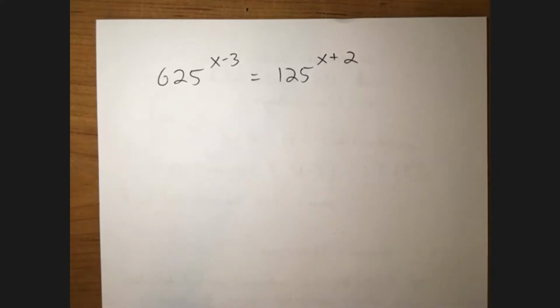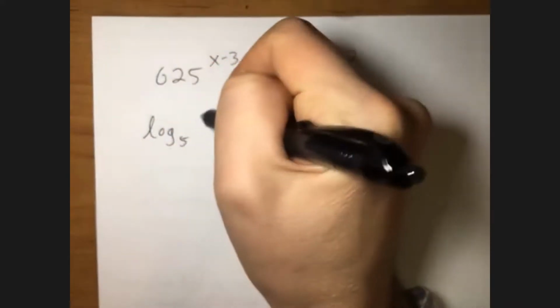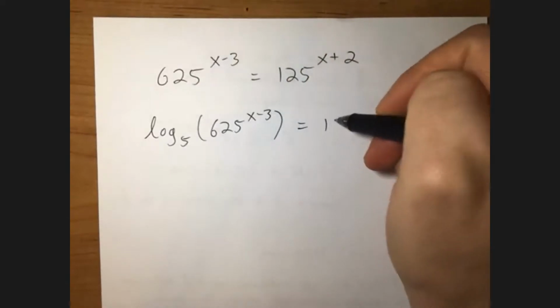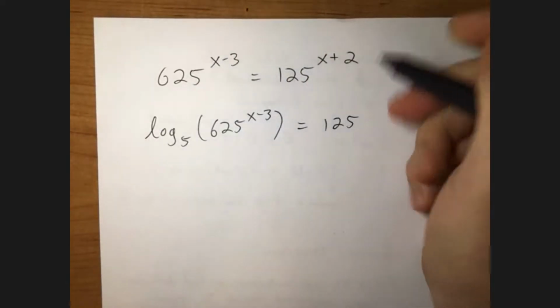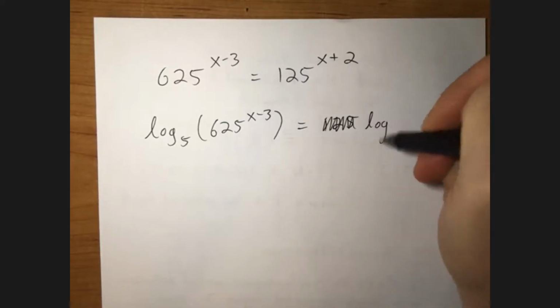We can use logarithms. So why don't we just take log base 5 of both sides? Oh, I forgot to write log base 5.